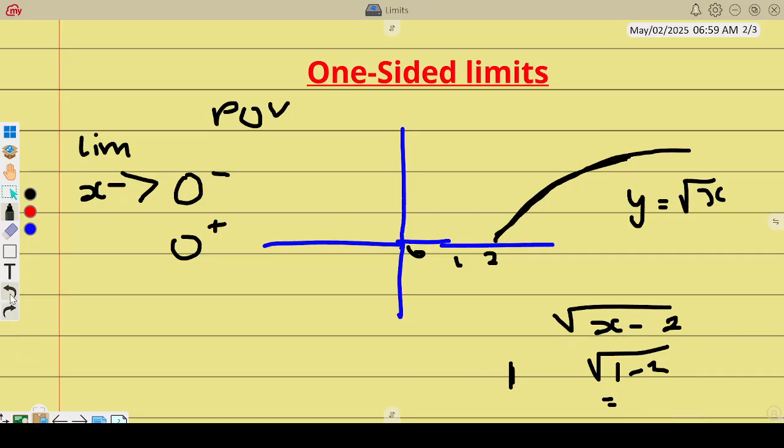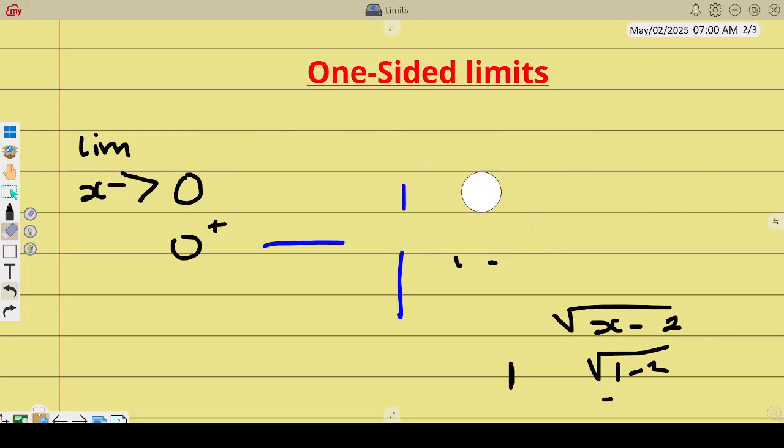If we were to plot, we would say this is the graph of root x minus 2, but this is the point where x is 1 on the axis. So I would draw a dot. A dot simply means not part of the solution. This is not my best example.